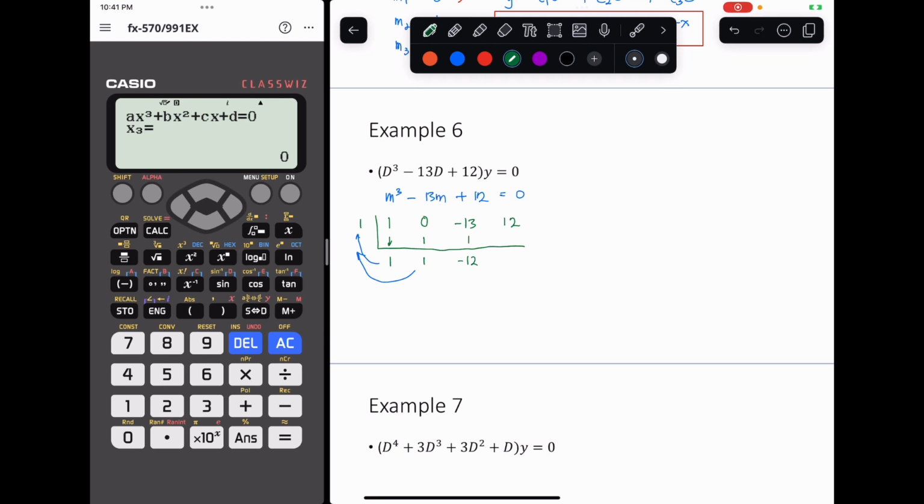Then negative 12 times 1 again, so that would be negative 12. And as you can see here, 12 minus 12 is 0. Since there's no remainder, that means 1 is a root. Next, it's already quadratic. So we have 1, 1, negative 12. So we can still proceed.